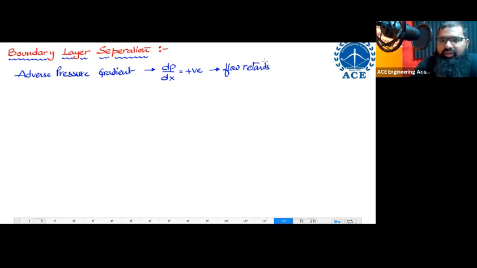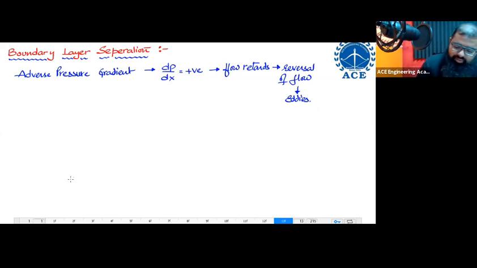Flow is going to experience negative acceleration or retardation. Velocity keeps on reducing. Dekhiye, pressure increases, so velocity has to reduce. Flow is experiencing retardation, to the point that, as we have also discussed, there is going to be some reversal of flow taking place. It is going to cause something known as eddies. All these things we have discussed. We are going to apply this concept in the case of boundary layer now.